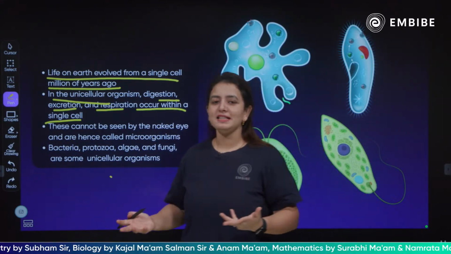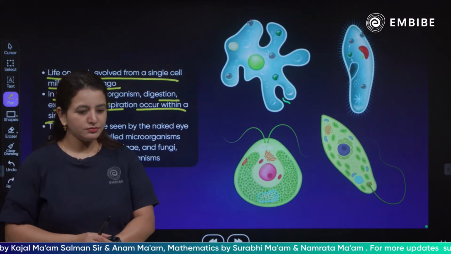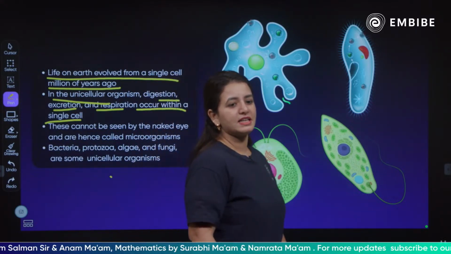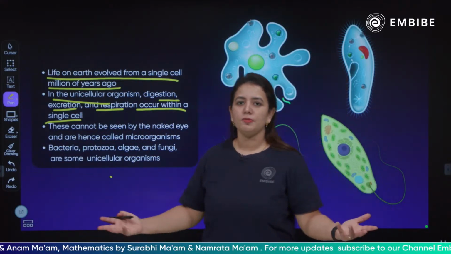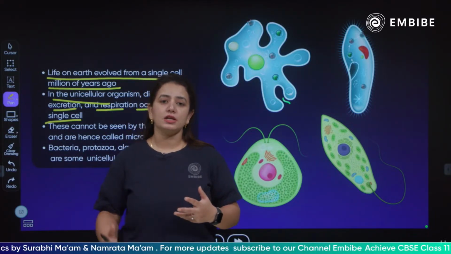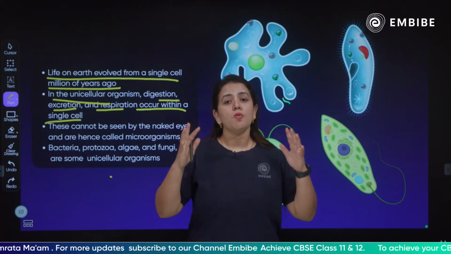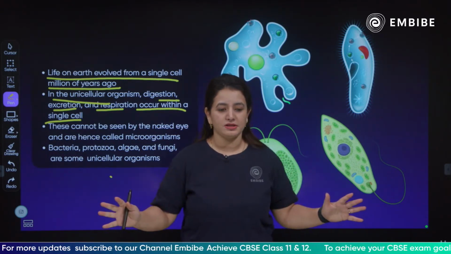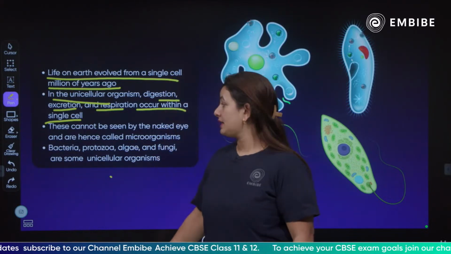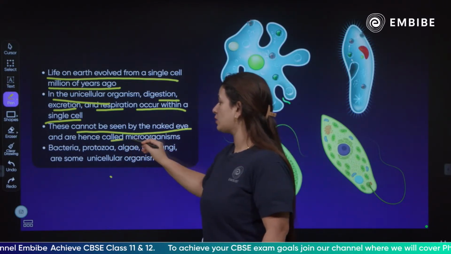It is not a surprise that if one single cell is able to do all the necessary processes, it would be very easy for existence. So yes, the Monerans were existing on the planet only because the one unicellular organism was capable of doing all the processes. And yes, they cannot be seen with our naked eyes, hence they are called microorganisms.